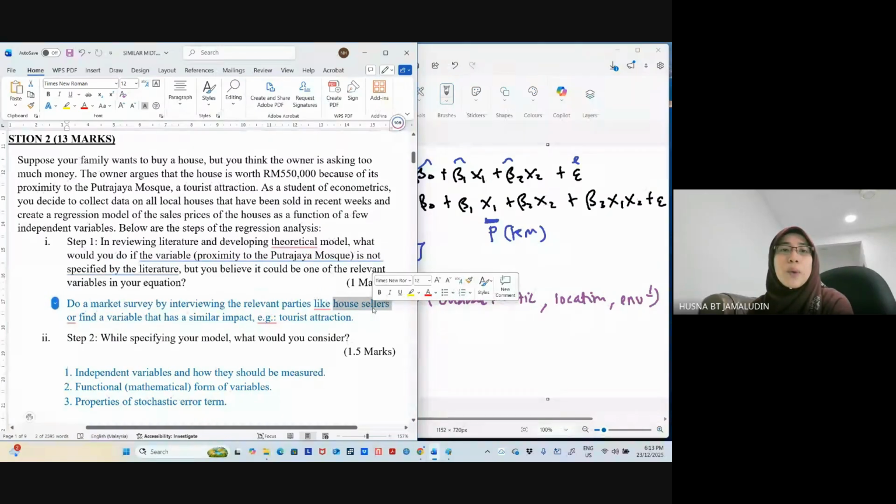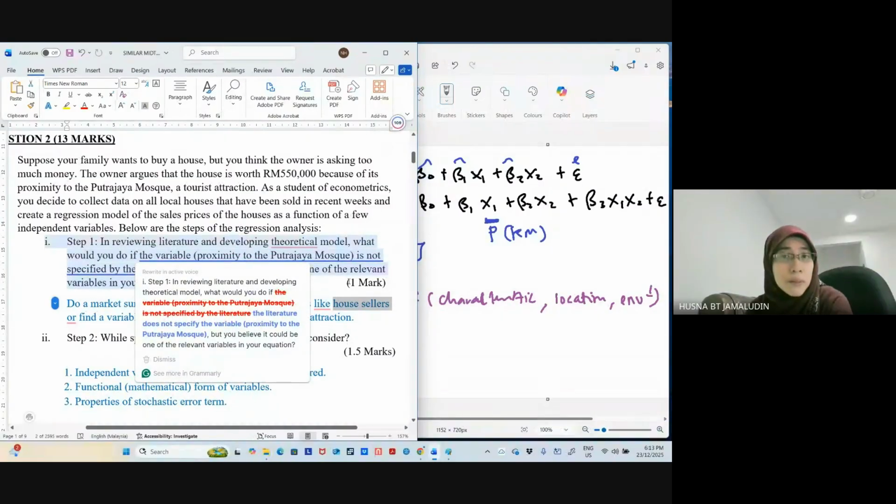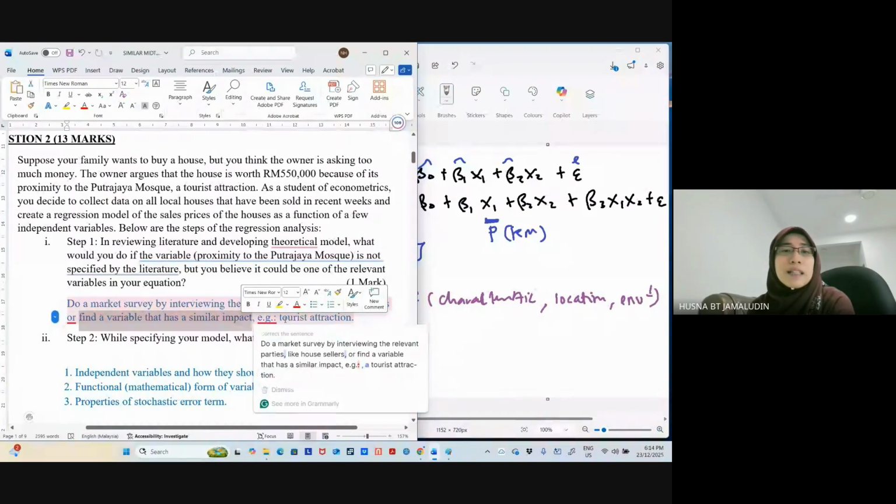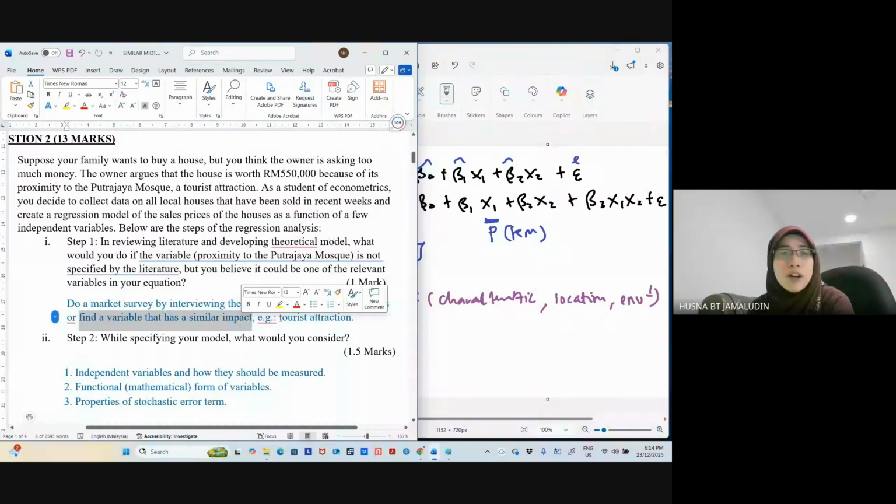They will know whether proximity to Putrajaya Mosque will have a positive impact on the house price. And you can also find a variable that has a similar impact. For example, theory says that when your house is close to a tourist attraction place, it will have a positive impact. So you can do two things. First, you can ask the agent, those who are working in the area, or you can just find a similar variable that has a similar impact.